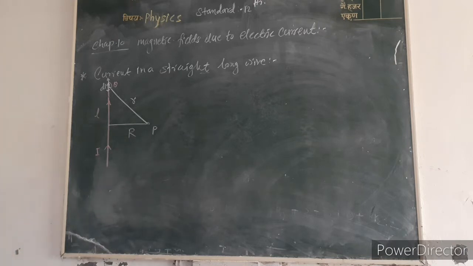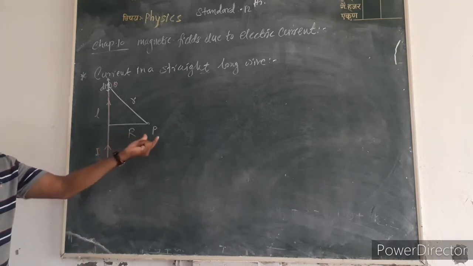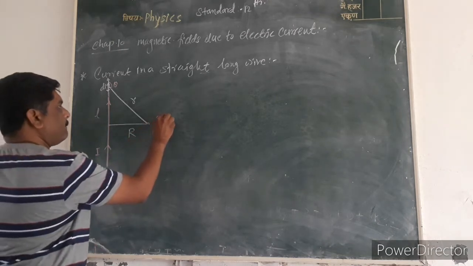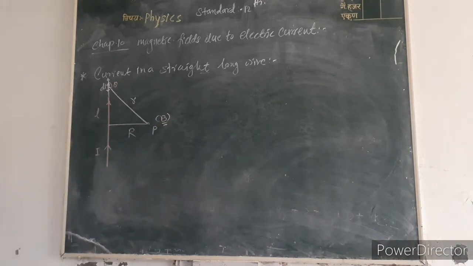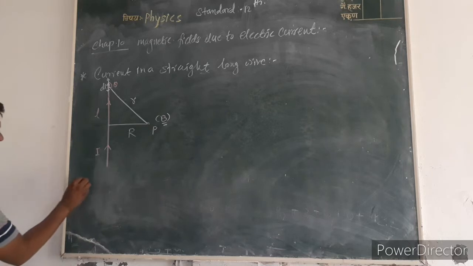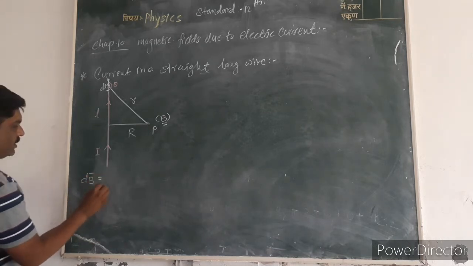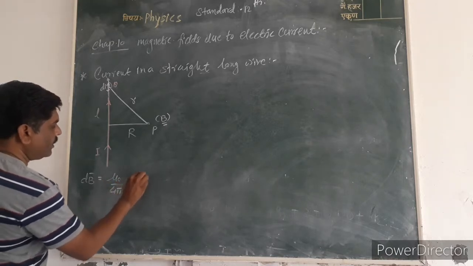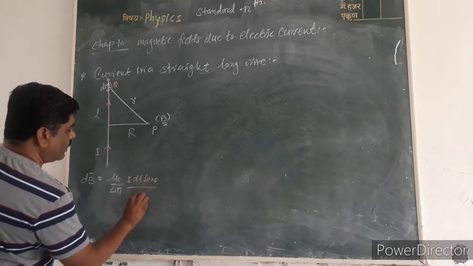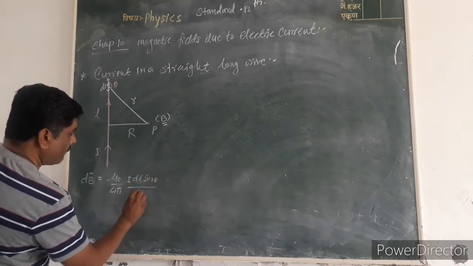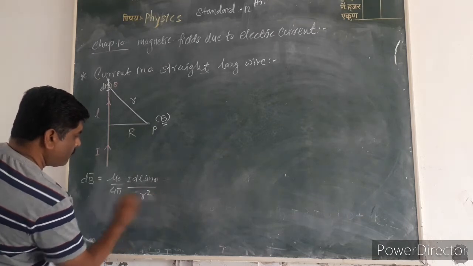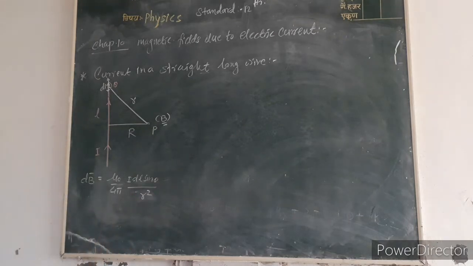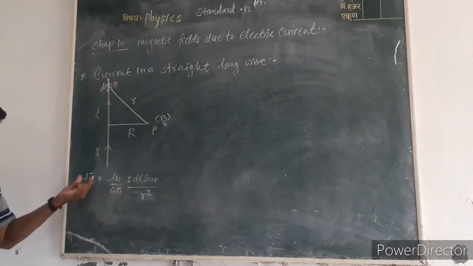In the figure, we consider the point P, and suppose B is the total magnetic induction at point P. Then according to Biot-Savart law, dB is equal to mu 0 upon 4 pi, I dl sin theta divided by r square. This is the Biot-Savart law. That means this is the magnetic field at point P.